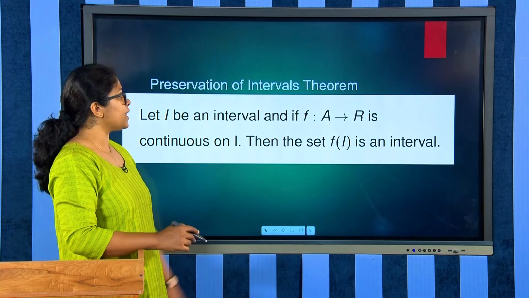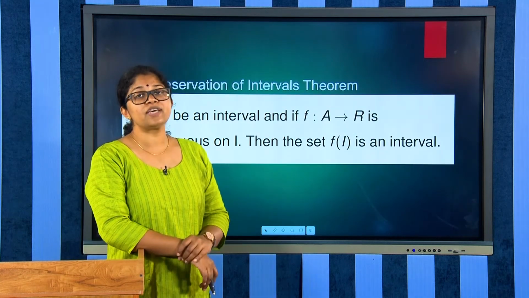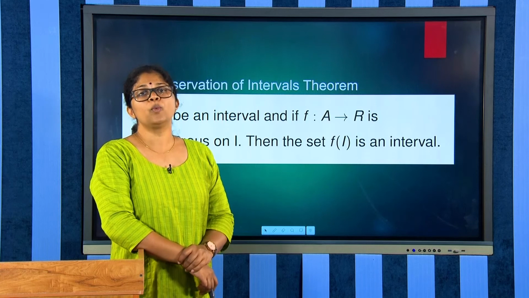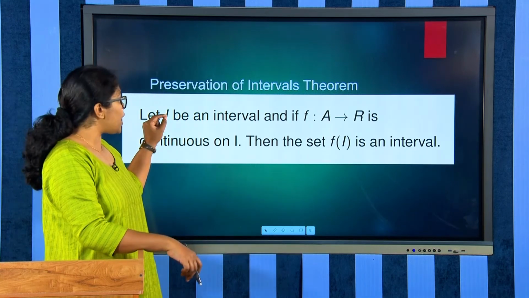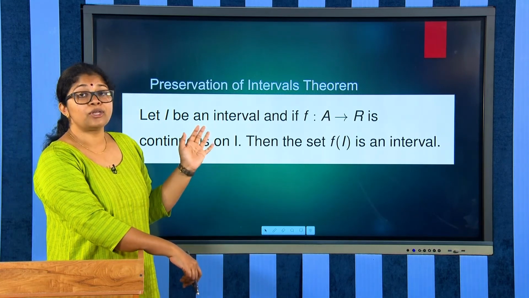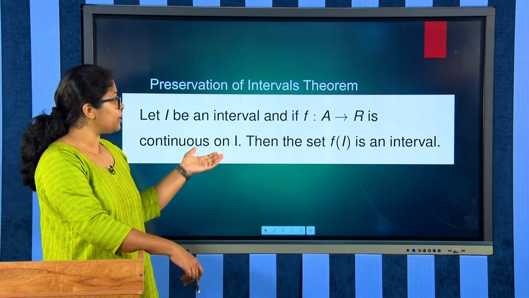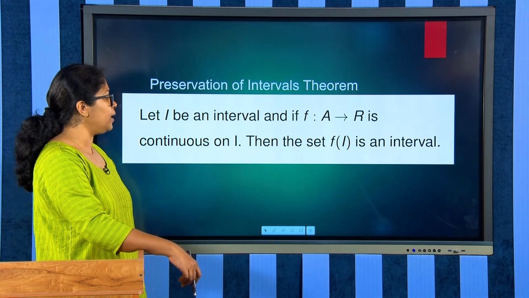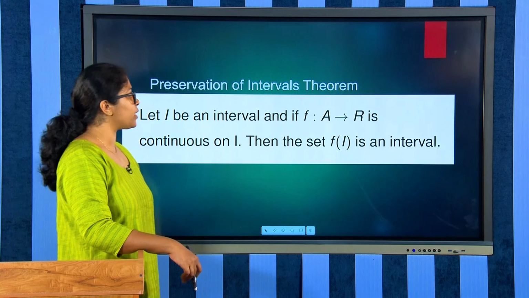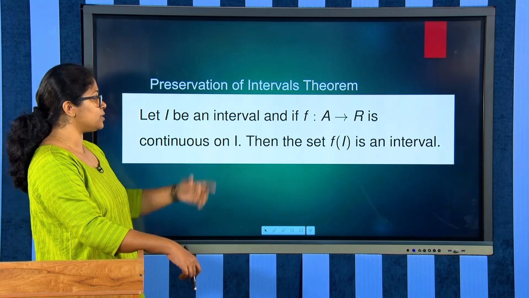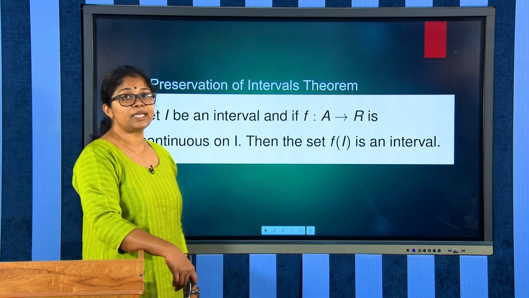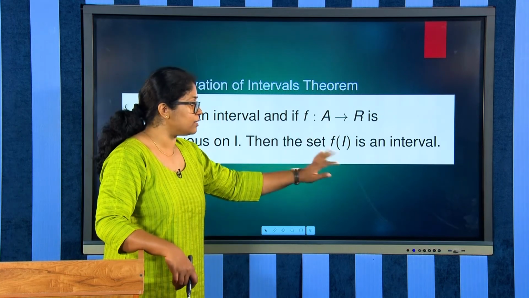And the last result that we have is the preservation of intervals theorem, which states that if I is an interval, it need not be a closed bounded interval as in the previous case, it can be any interval, and if f from I to R is continuous on this interval I, then definitely the set f of I is an interval.